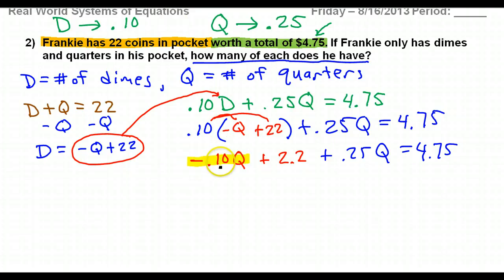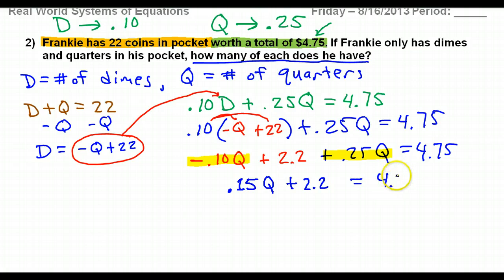The negative 0.10Q and the positive 0.25Q, those are like terms. If we put those together, that's going to make 0.15Q, plus 2.2 is equal to 4.75. Just combine those like terms, brought that down.